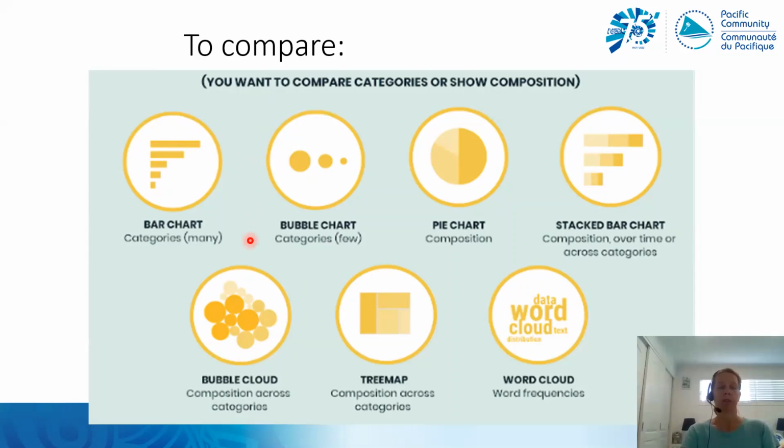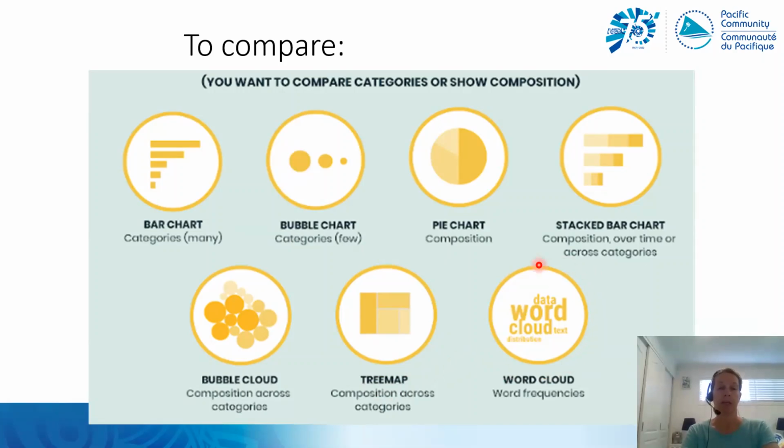Bubble charts are also quite popular, but again can sometimes be a bit more tricky to interpret. That's where we might use the size of the bubble to show one of the variables. Tree maps are also becoming more common, and that's where instead of a bar chart to show the categories, the size of the box within that overall box shows you the contribution of a category to the total.